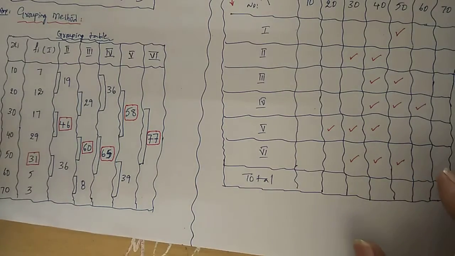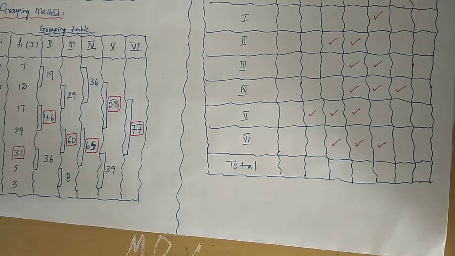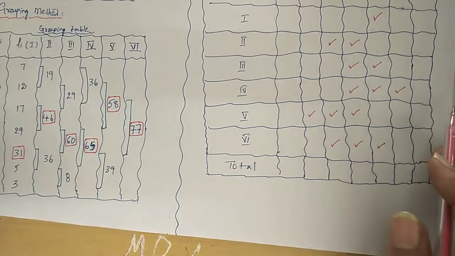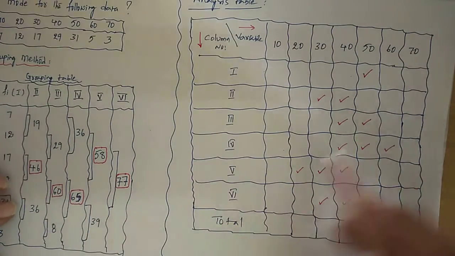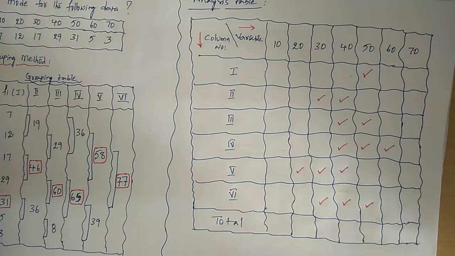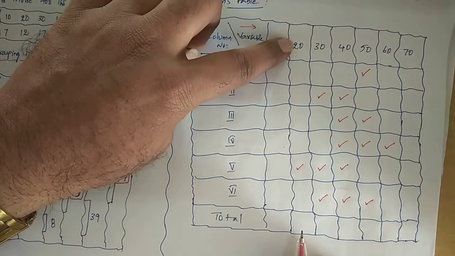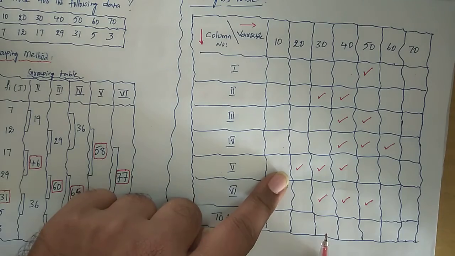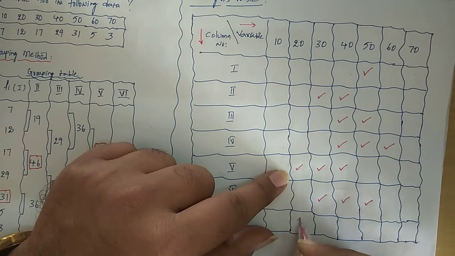So from the grouping table, what we did now? We calculated the information whatever is available by means of tick marks. Now we are going to count these tick marks. So for 20, how many tick marks are there? I am counting the tick mark, 1.